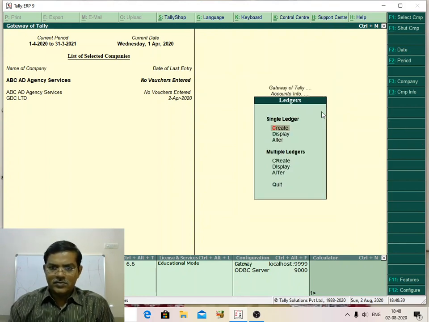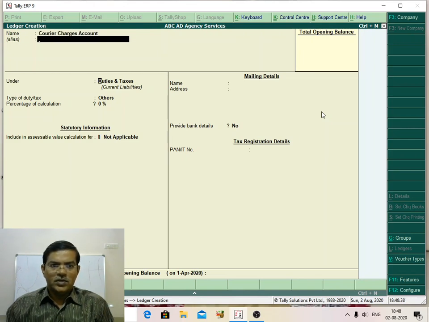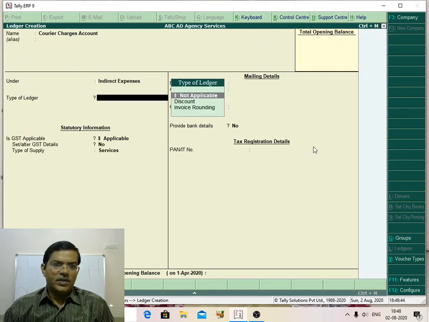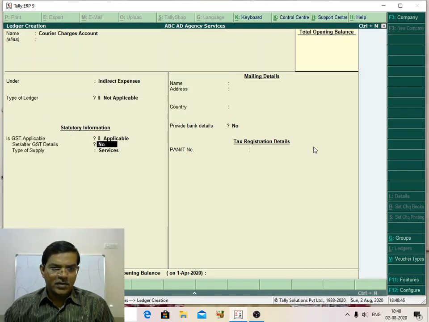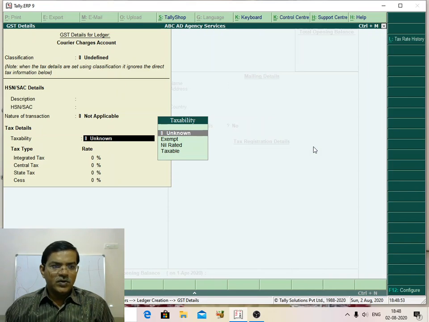Courier charges. I am creating the courier charges account. I treat the courier charges account under the indirect expenses accounting group. GST is applicable. Here you can see the nature of transaction.